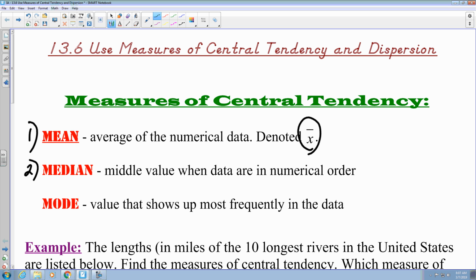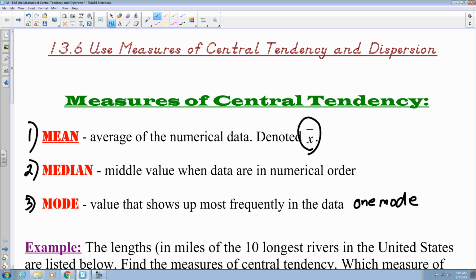And then finally, we have the mode. The mode is the value that shows up the most frequently in the data. You can have one mode, which means one particular value repeats itself and it's the only one that repeats.